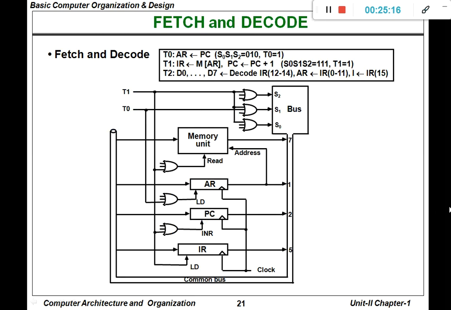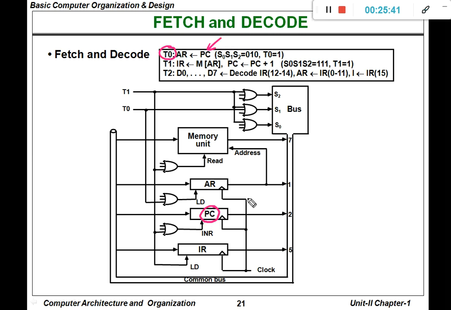Okay. So now let us implement these operations in register transfer language. At time t0, as I already said, the first instruction address will be stored in the program counter.